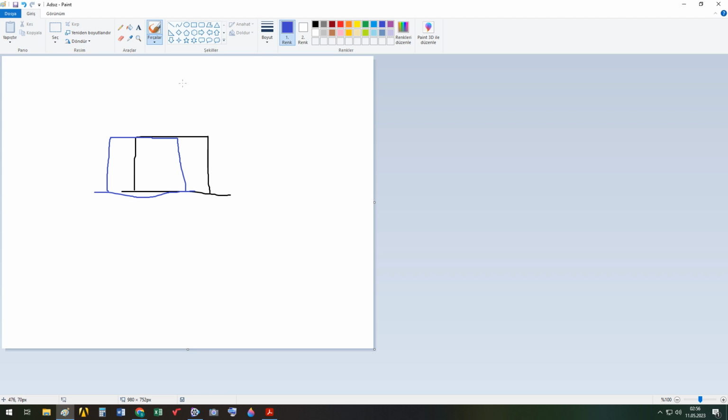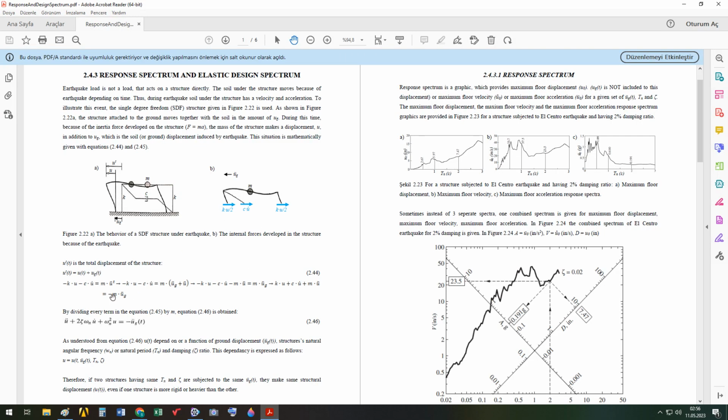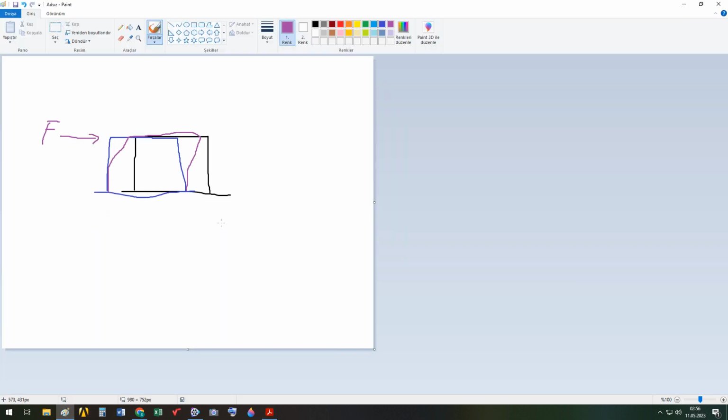It means that afterwards, this ground motion creates an F motion, and your structure actually has this shape. The explanation of the negative sign here has this meaning.